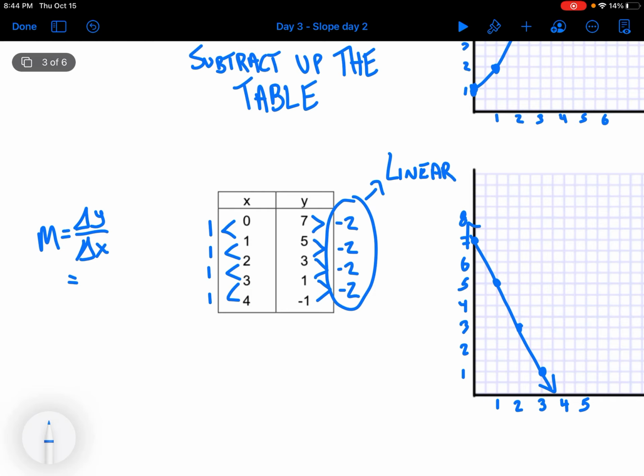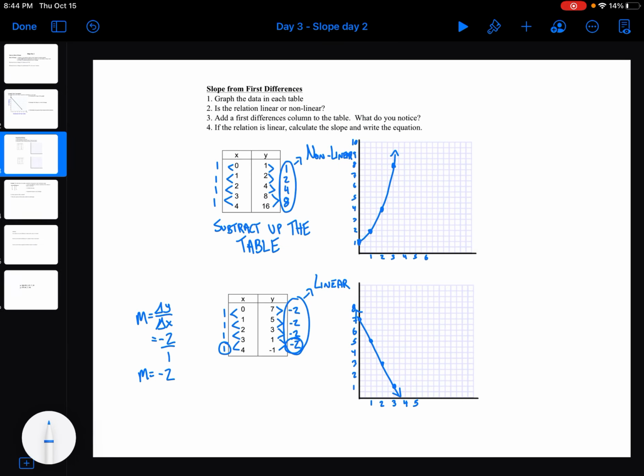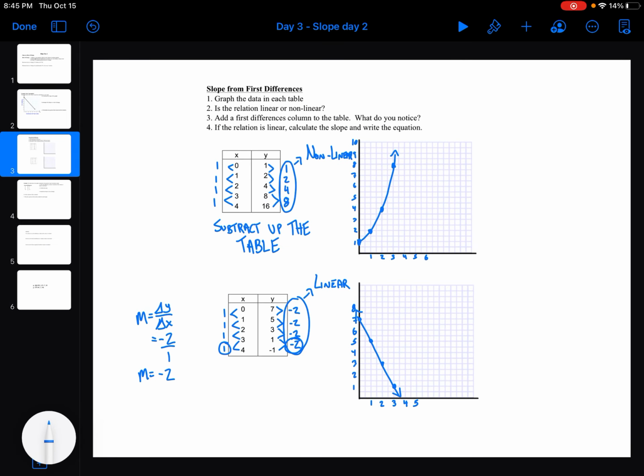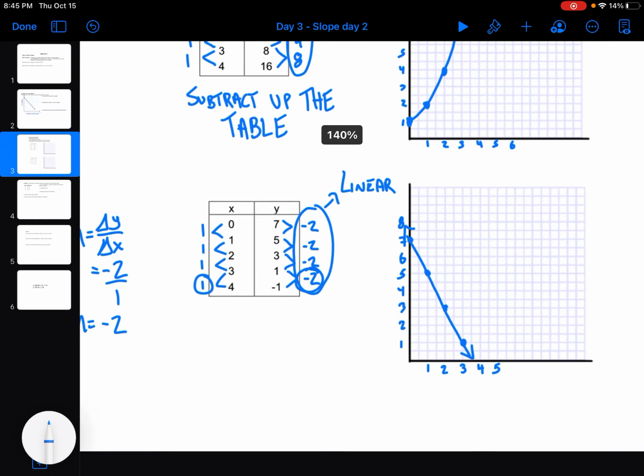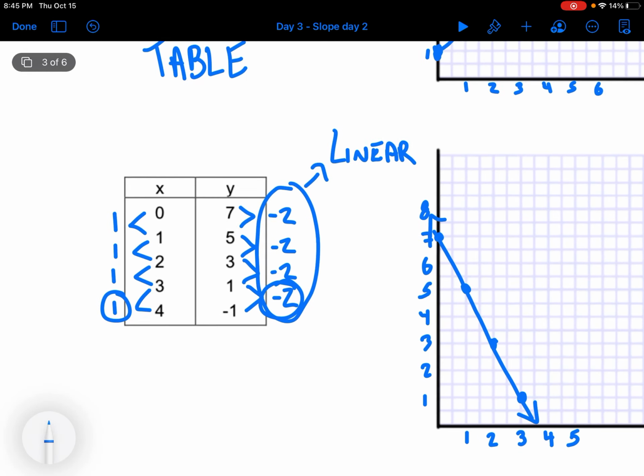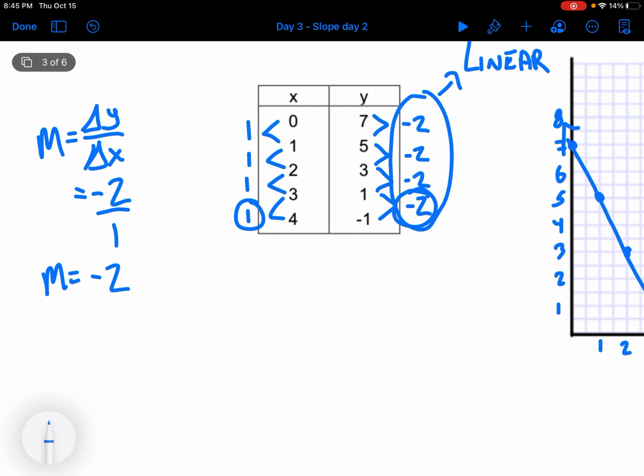The next thing I can do is find my slope. I can take the change in y and divide it by the change in x. Negative 2 over 1. So I know my slope is equal to negative 2. Now it says write an equation if they're linear. Well, all we have to do then is find out where our y-intercept is.